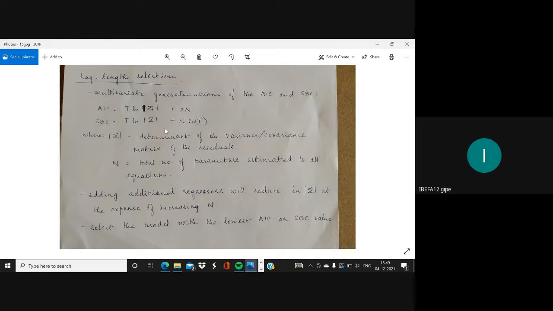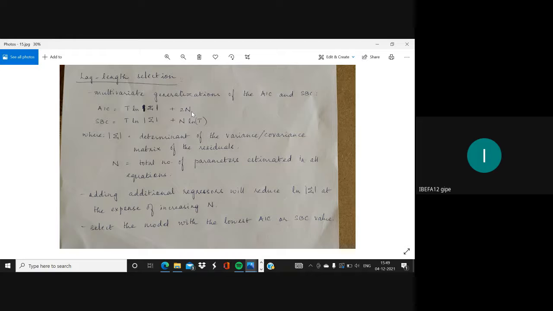But at the same time, since you're adding more explanatory variables, you'll be adding more parameters for estimation. So this term n is going to increase. So there's always going to be a trade-off. As you add more and more lags, this term might reduce, but this term will be increasing.